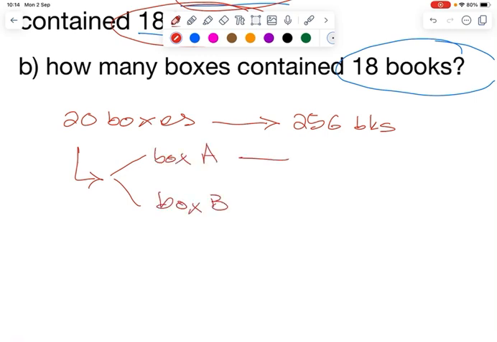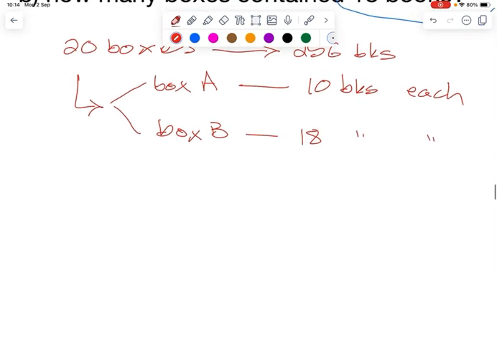And imagine, let's say, box A will have 10 books each, right? And of course, box B will have 18 books each, right? What does the word each mean? It means one box of box A will have 10 books.